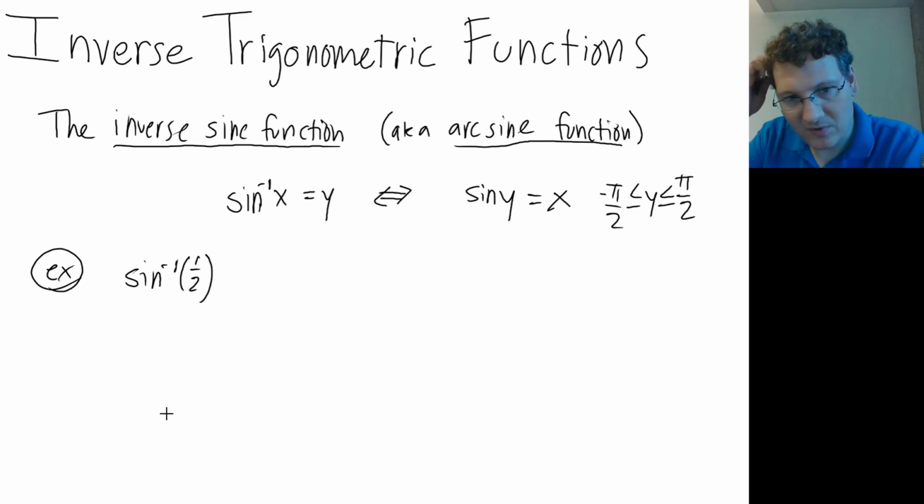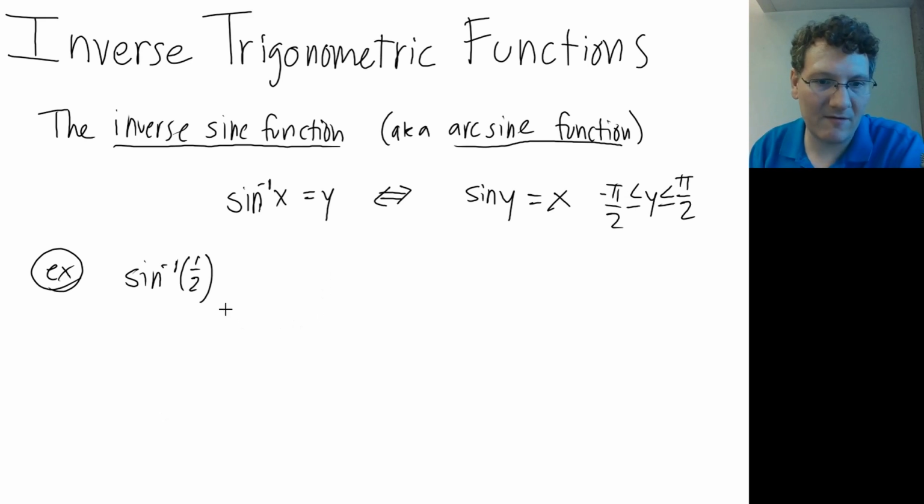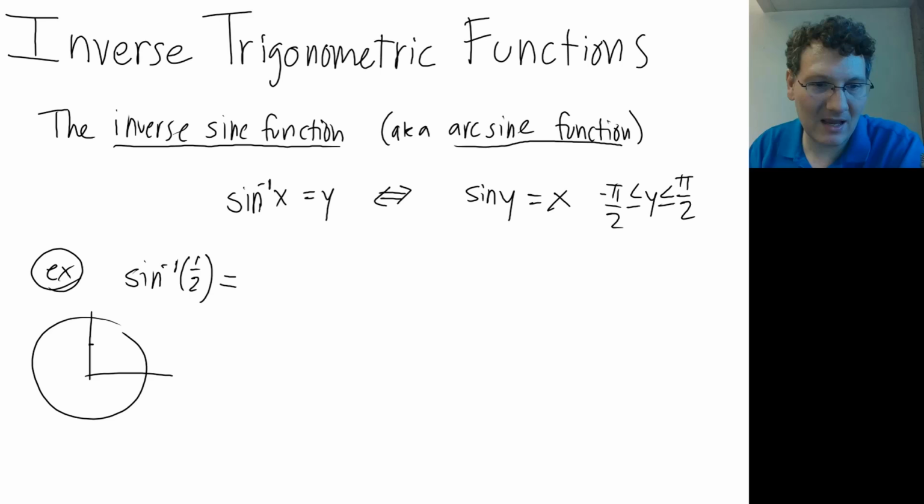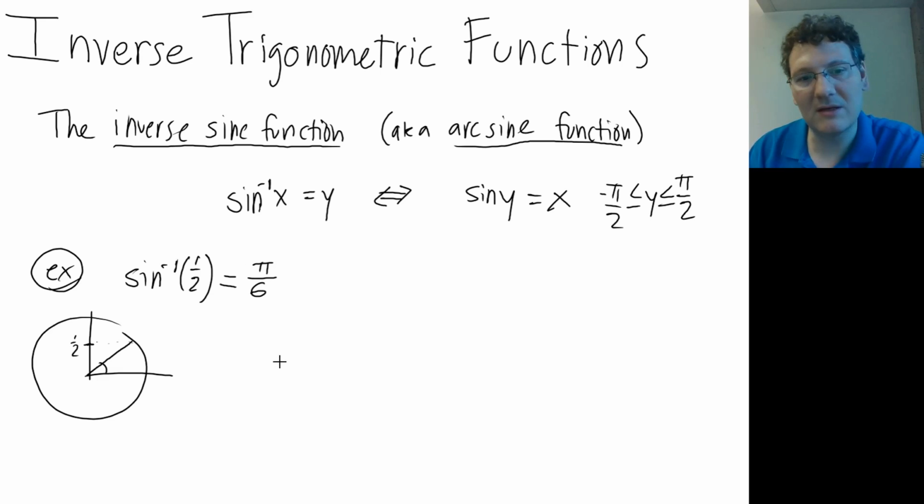So, for example, the sine inverse of 1/2 is the angle whose sine is 1/2. If you think about the unit circle, you might remember that is an angle of pi over 6, or 30 degrees.